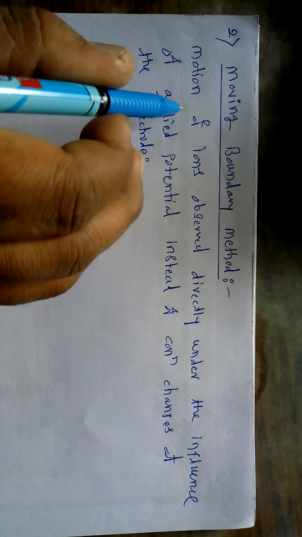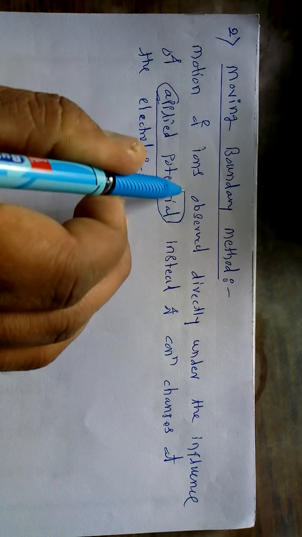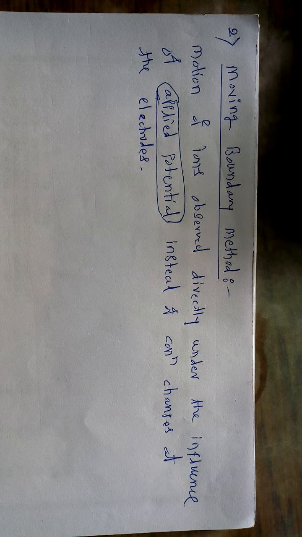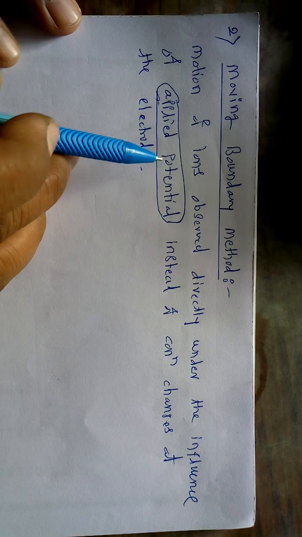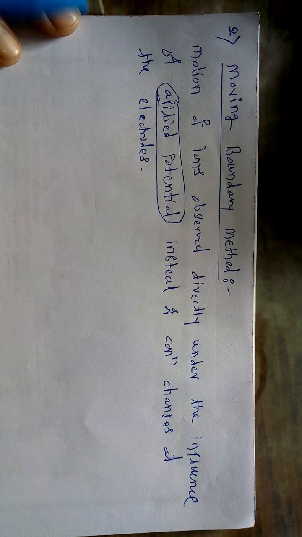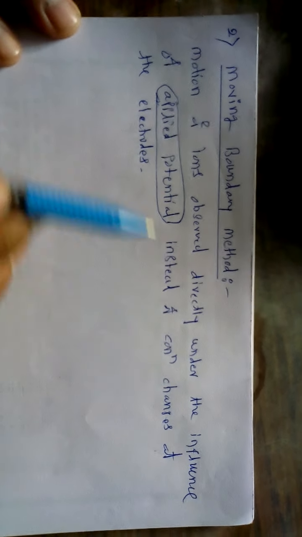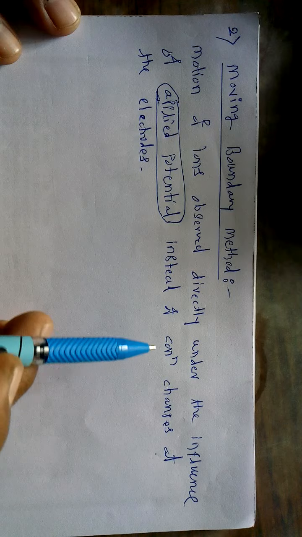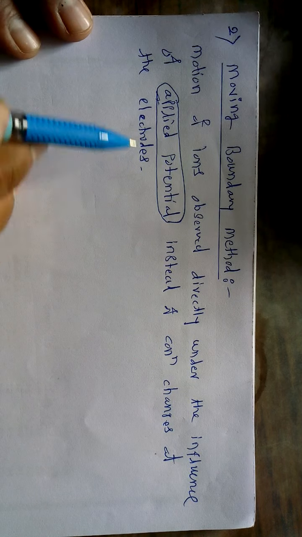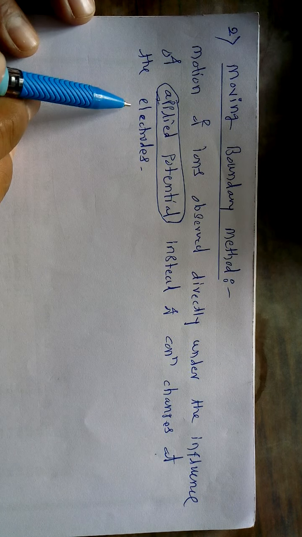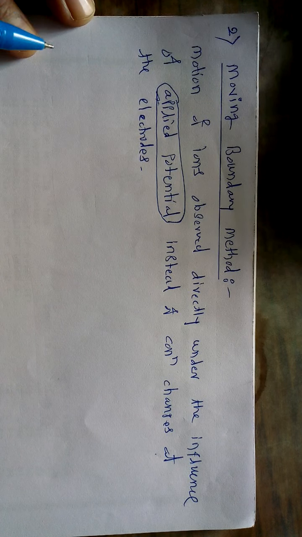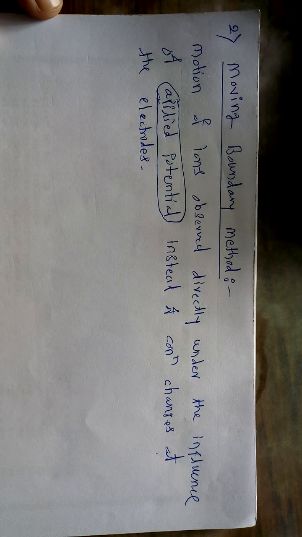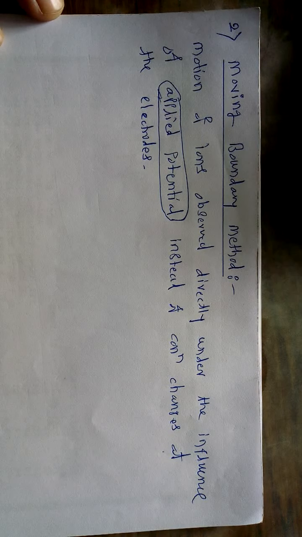We apply the potential, and under this applied potential we observe directly the movement of ions, instead of the concentration changes at the electrodes. In the last method we considered the changes in concentration in the vicinity of electrodes. Instead, in this method we take into consideration the actual movement of the ions. So this is the basis of the moving boundary method.